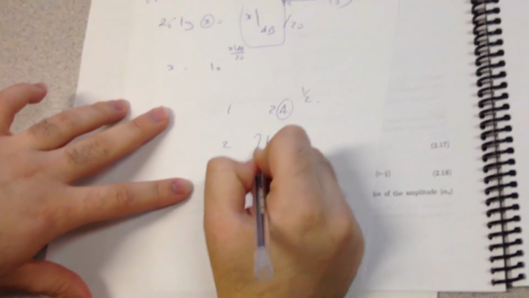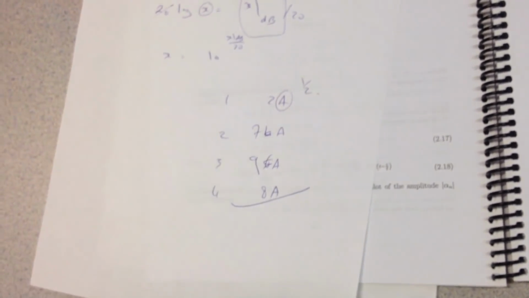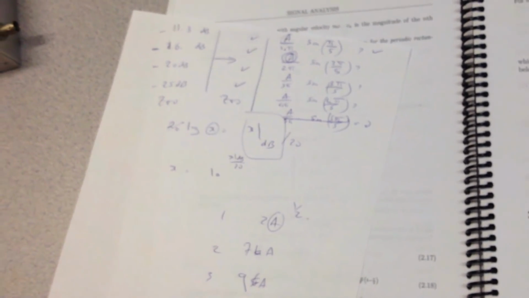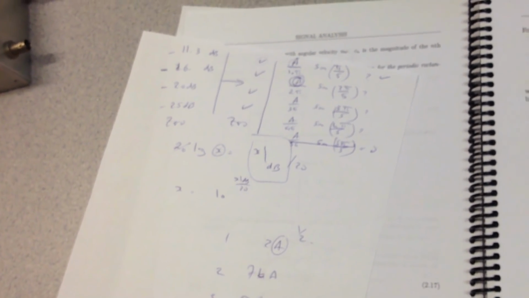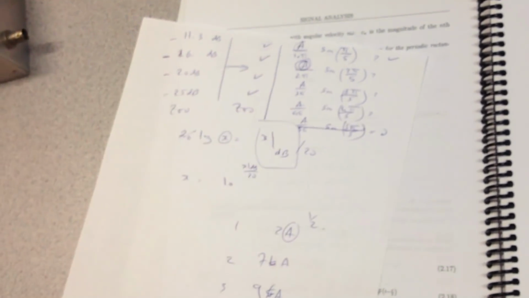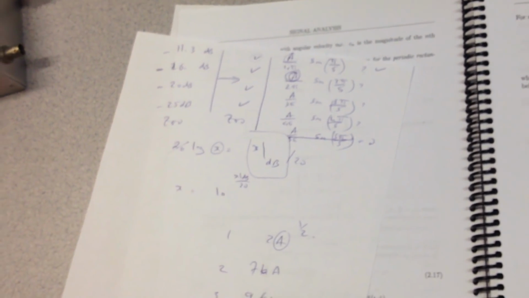But if this is 7 and this is 9, there is no A that makes them proportional to each other. So again, these numbers should be proportional, with this value depending on the amplitude of the signal you have chosen in the lab. That's the input frequency signal.